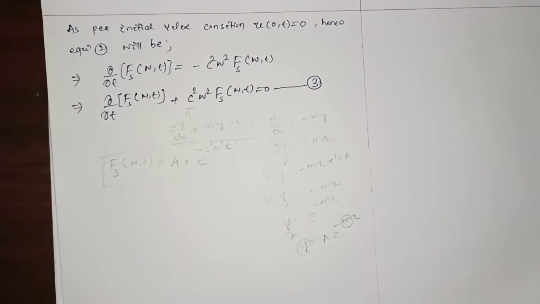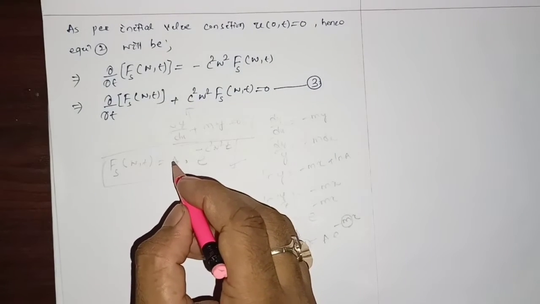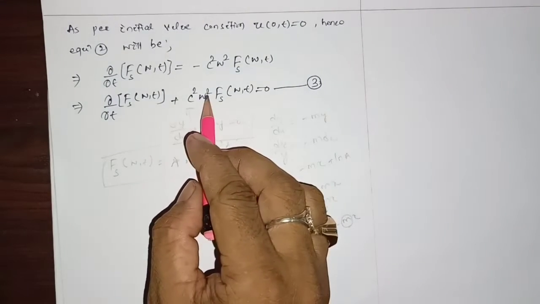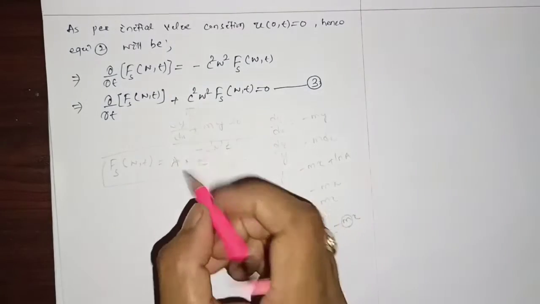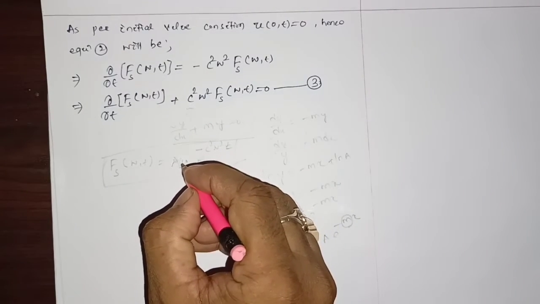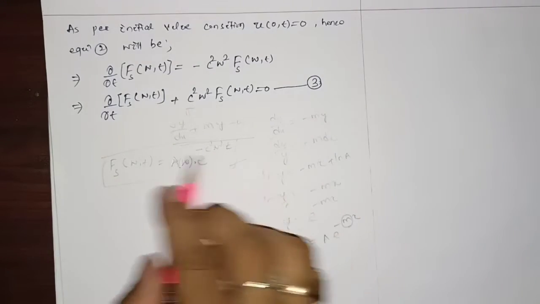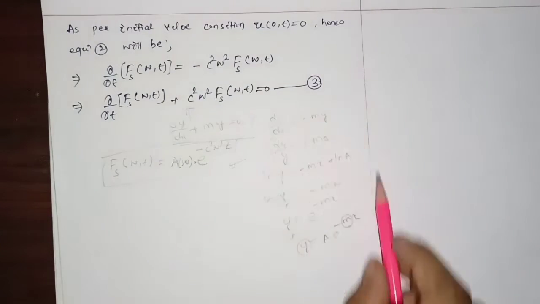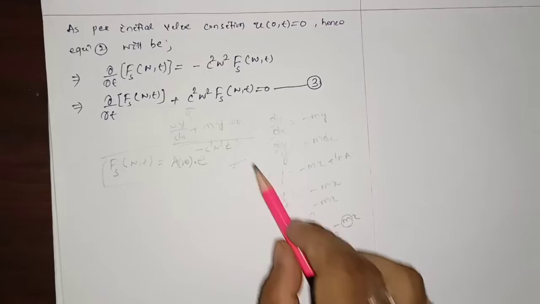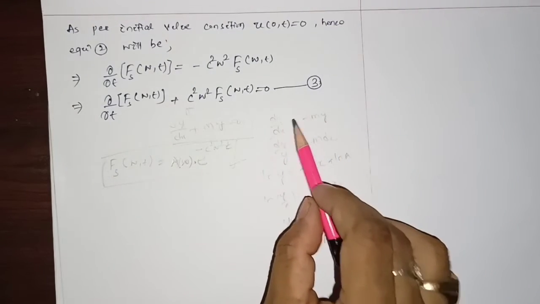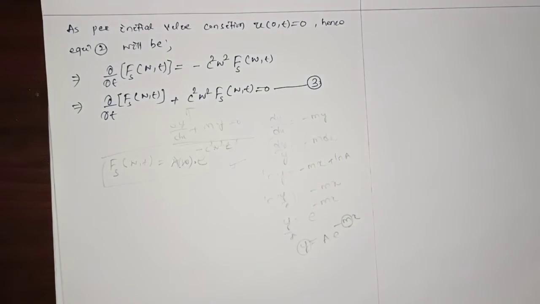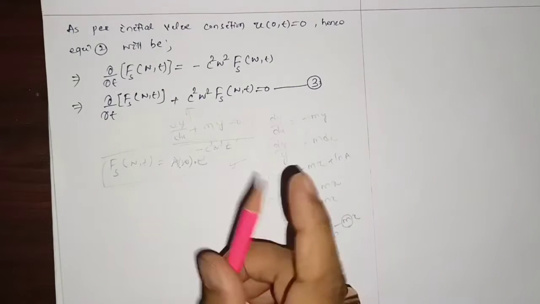Here you can see a is a function of omega, so I can write A(omega) into e to the minus c square omega square t. Directly I am going to write. These steps you know very well, so no need to write here, you can write in the note. Okay, so I am going to erase all the things and write this one.